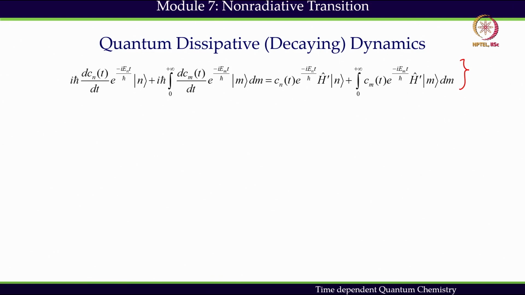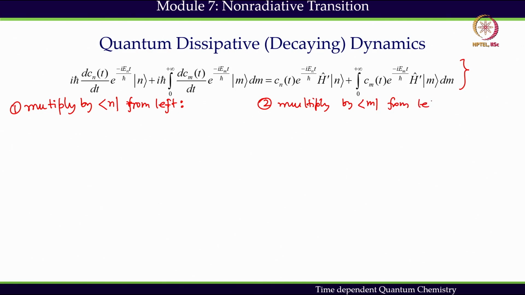Now we will reduce it further. We will first multiply by n from the left, and then the same equation we will multiply by m, the complex conjugate of that m, from the left.